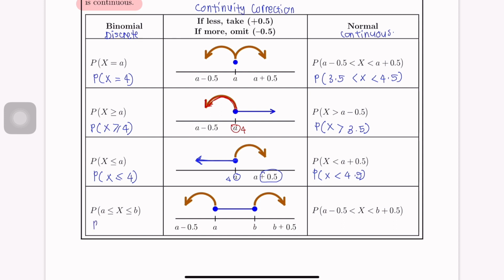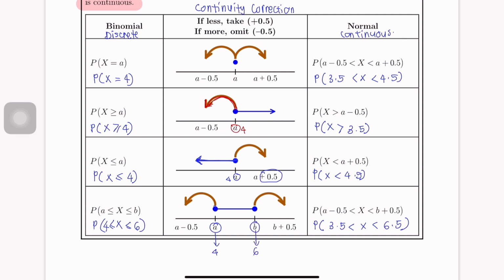For example, if we have probability x between a and b, let's take x between 4 and 6. After we do continuity correction, we will have 3.5 and 6.5. As we can see from this number line, this one is 4 and this one is 6.